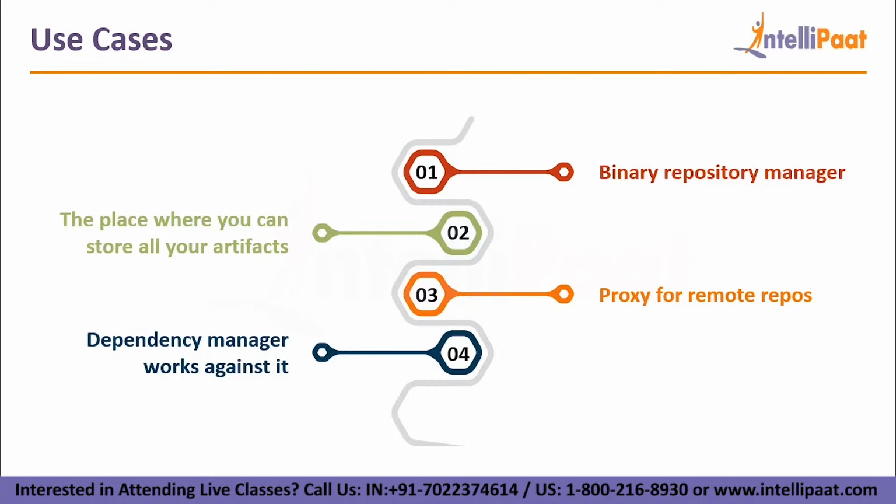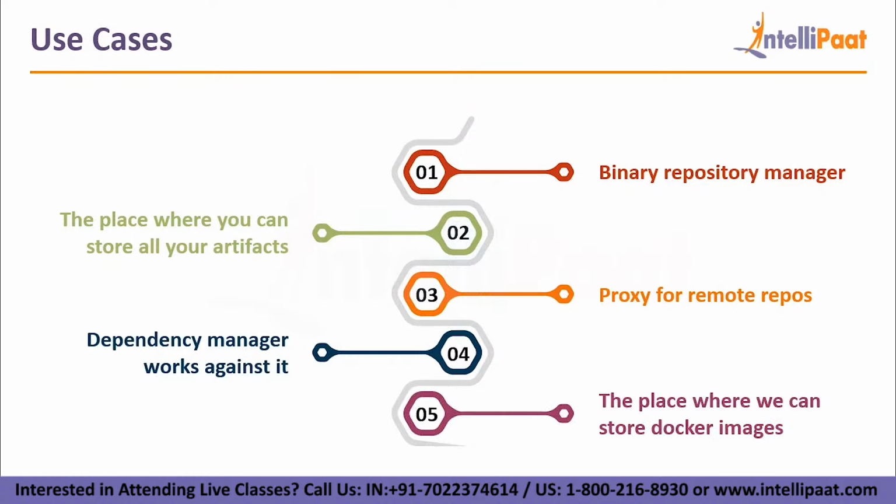Dependency manager working again, which means that your dependency manager, whichever one you're using, will work against it. When you download a dependency, it will ask JFrog for the files, and JFrog will get those files from the internet. It's a place where we can store all our Docker images so that anyone working within the code pipeline can easily pull those Docker images without having to go outside.